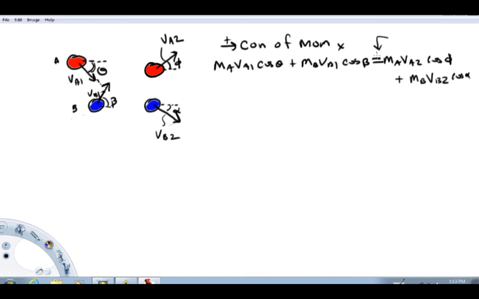Now, if I knew three of these velocities and all four angles, we could find an unknown velocity, but more typically there are more unknowns than that. Another equation we can write for this example is conservation of momentum in the y direction. I'm going to call up positive. I take this guy's momentum vector, MAVA1, and multiply by sine theta to get the y component.